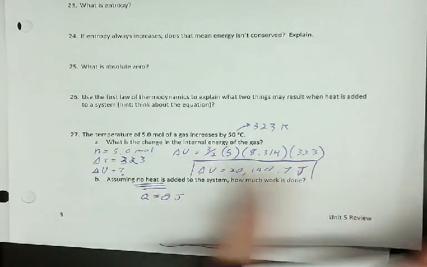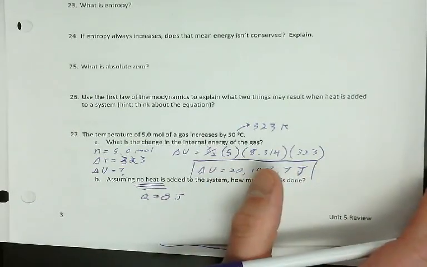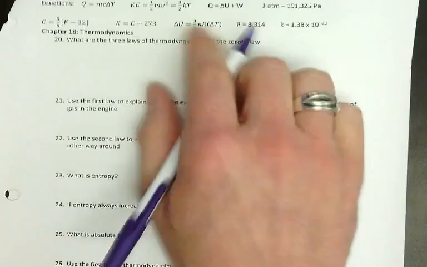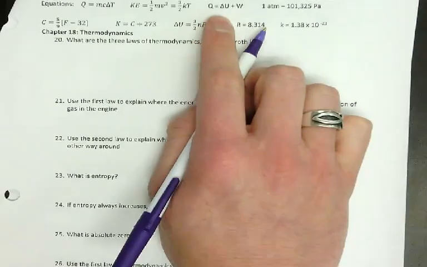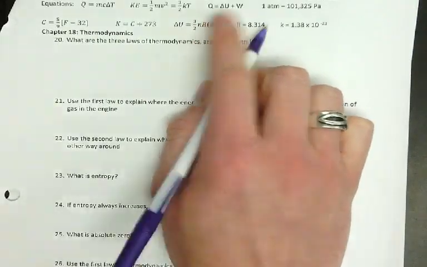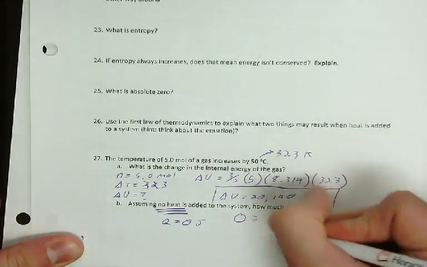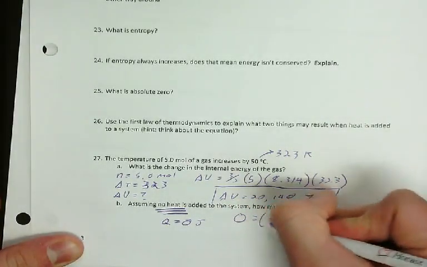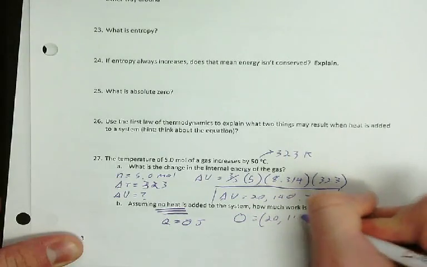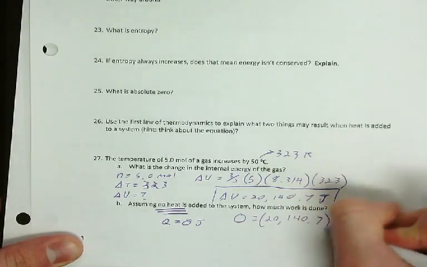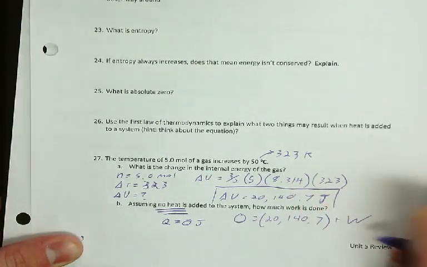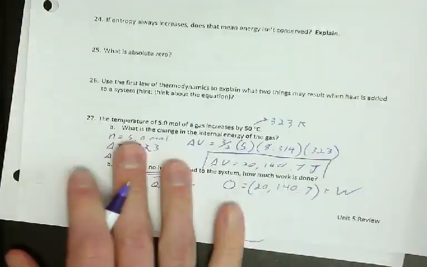It's talking about work and heat and energy change. That is this one up here: Q equals delta U plus W. So Q is the heat transferred, 0. Delta U is the internal energy change, 20,140.7. And W is what we were solving for here.